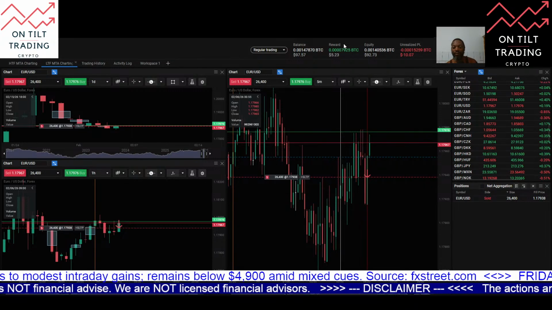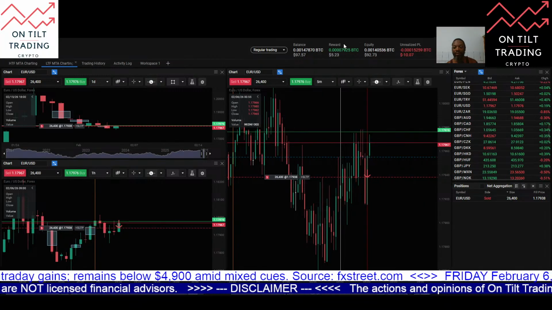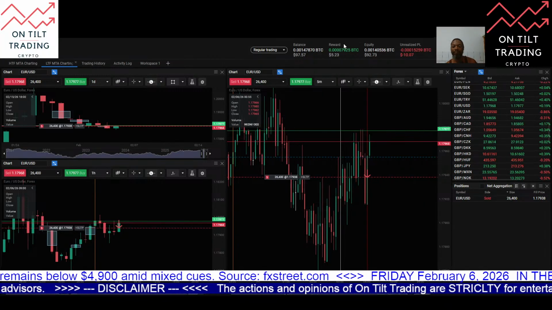Price consolidating here around the 179.70 level.